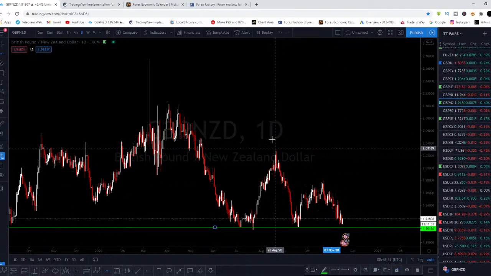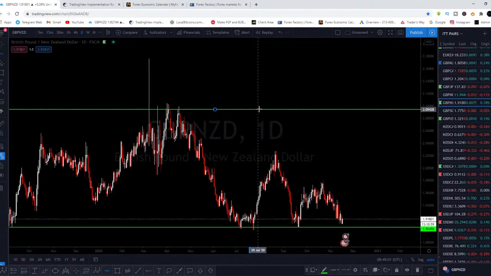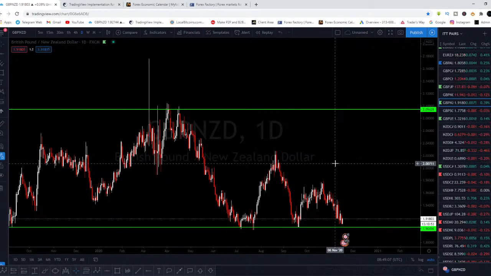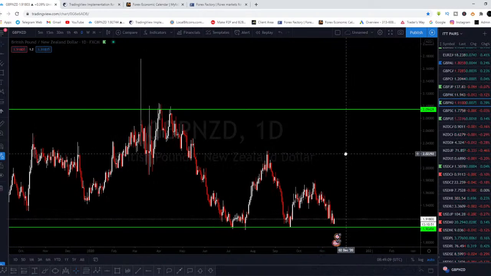So this is GBP now. This is GBP. I remember this is the daily time frame. Yeah, for sure, man. It will move to the upside.